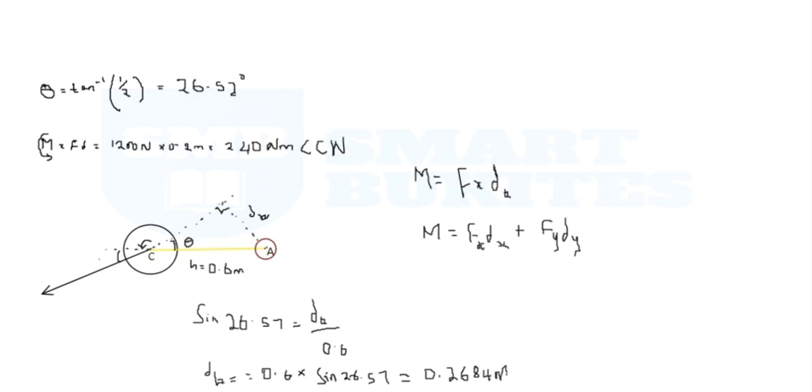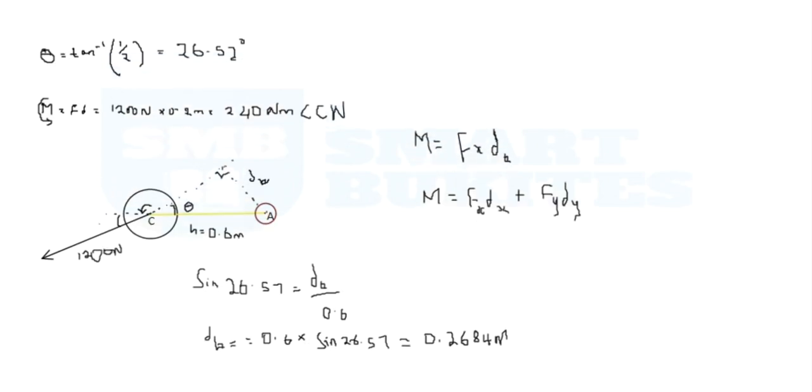Now our moment will simply be our force, which is 1200 newtons, multiplied by this distance.